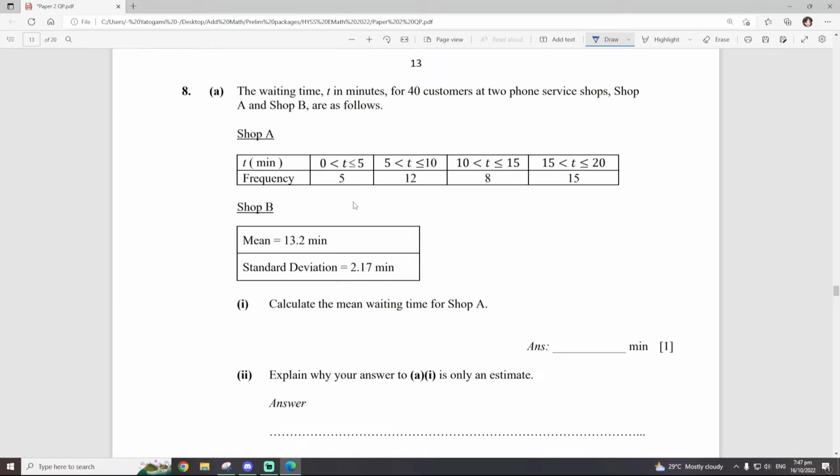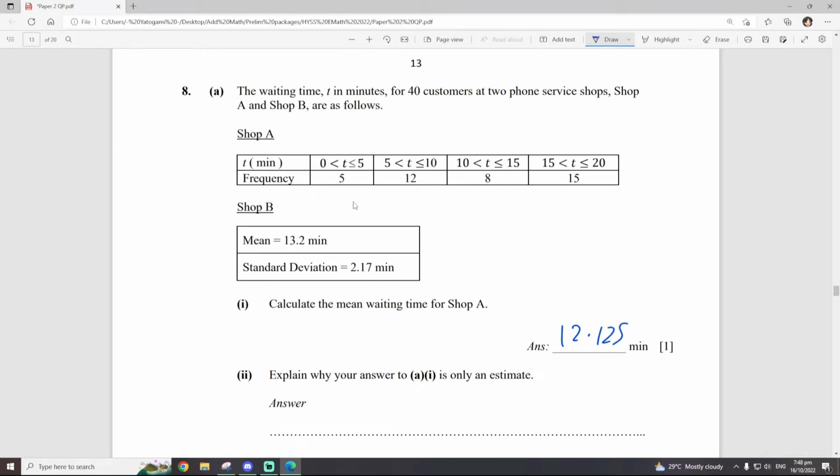So if we take it that way, you add up the total: 12 times 8 plus 8 times 13 plus 15 times 18, and then divide this result by the total number, which is 40. So you will get 12.125, and I will leave this as exact because it's exact.